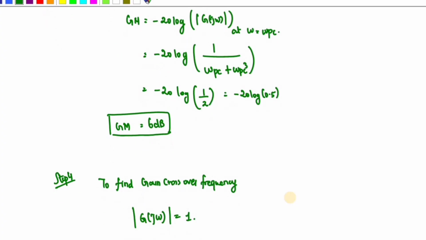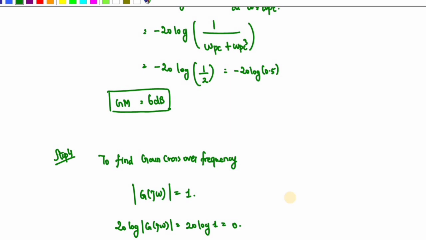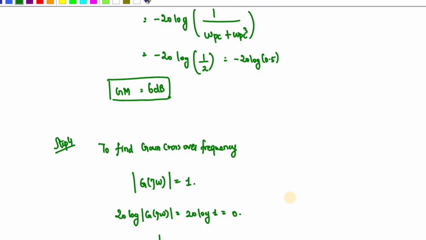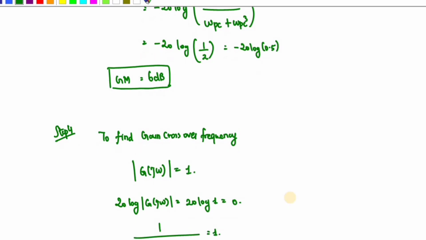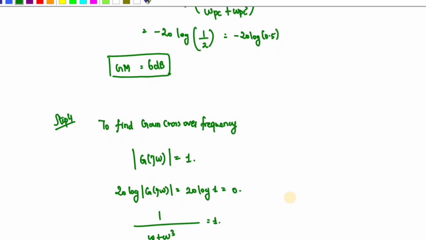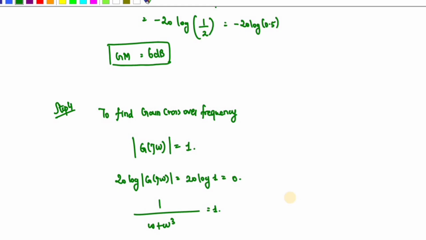Or otherwise you can equate 20 log of the magnitude of G of j omega to 20 log of 1, which is equal to 0. So the magnitude of G of j omega is nothing but 1 divided by omega plus omega cube, which I'm going to equate to 1.